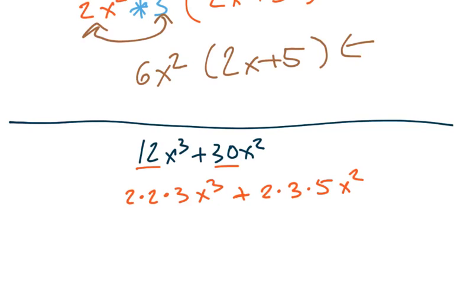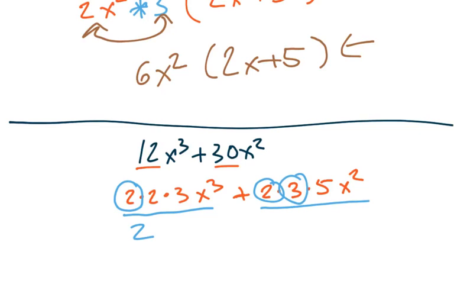You can multiply those out for yourself to see that it's true. What we're doing when we factor out the GCF is literally taking what they have in common. They both have a 2, and they both have a 3.